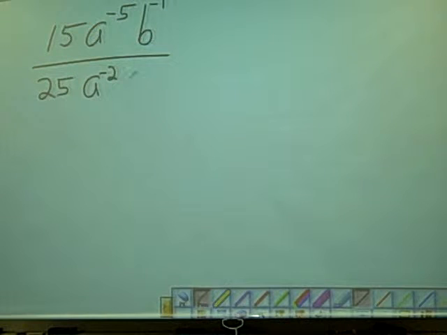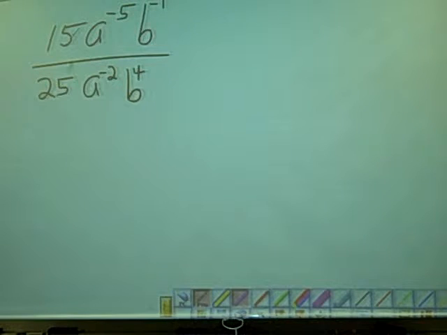2b to the 4th. Okay, so here we can cancel. Let's look at the coefficients first. We can't cancel 15 and 25, right? But what factors are in both? 5, right?